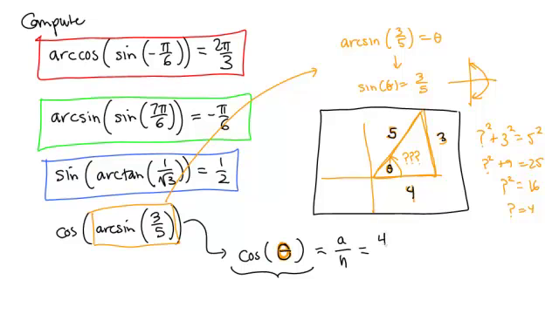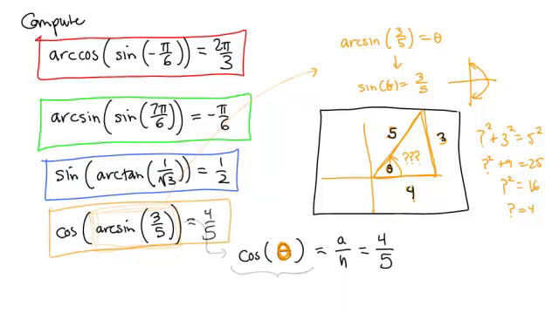The adjacent side is a 4, and the hypotenuse is a 5. Even though I can't actually work out this bit right here, I don't know exactly what the arcsine of 3/5 is, I can still work out the cosine of it because I can draw the triangle.